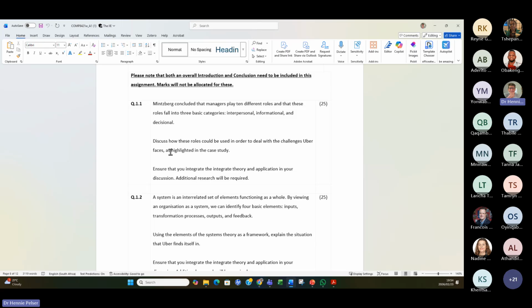So discuss the theory, explain the theory, tell me about the role, and tell me where it would apply in terms of Uber. You'll see this little line appear every time: integrate theory and application, as well as additional research will be required. I'm expecting at least, in addition to the textbook, 8 other peer-reviewed sources.